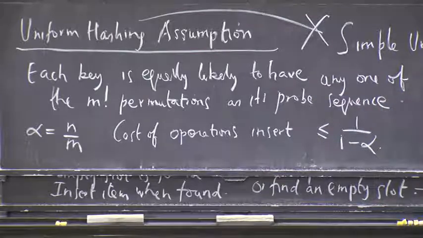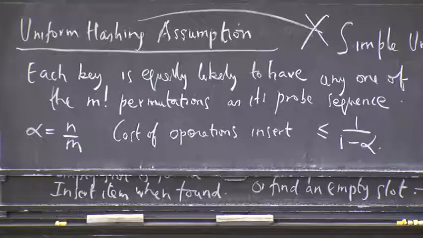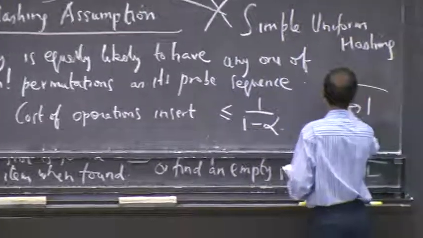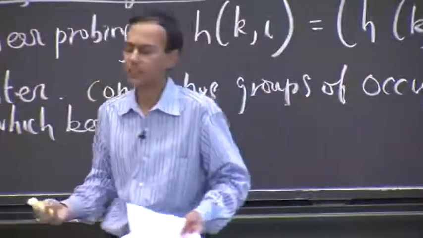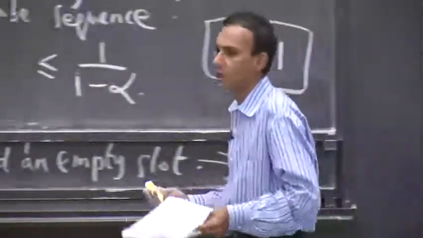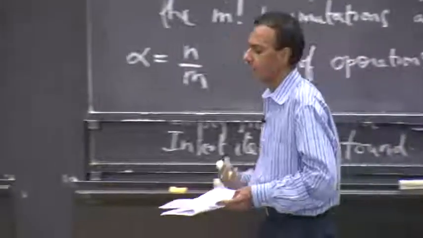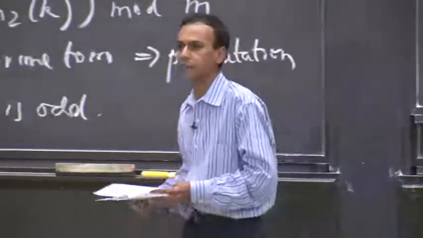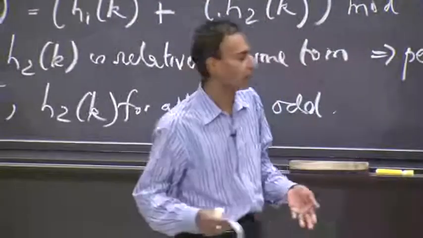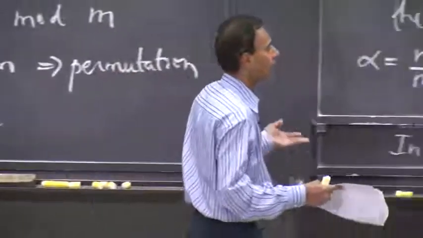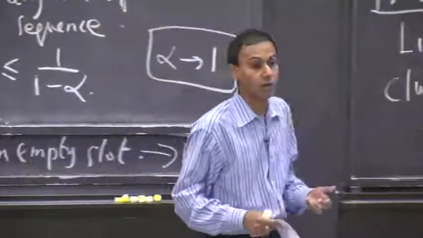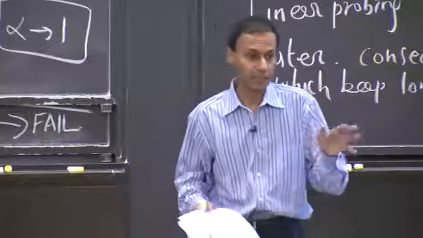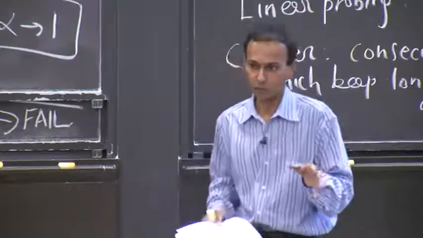Okay? So obviously this grows as alpha tends to 1. As alpha tends to 1, the load factor in the table gets large, and the number of expected probes that you need to do when you do an insert grows. And if alpha is 0.99, well, you're going to, on average, require 100 probes. I mean, that's still a constant number, but it's a pretty bad constant, right?